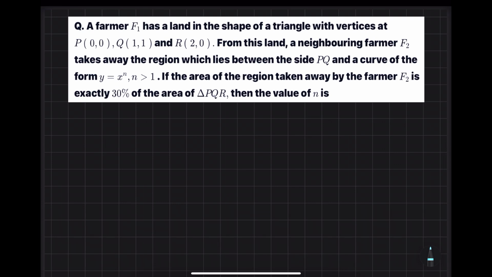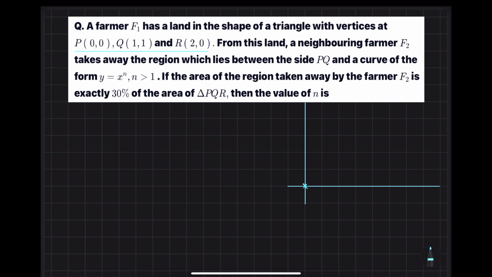So, we've got a wholesome new problem which says a farmer F1 has a land in the shape of a triangle with vertices at these points. Let's try to draw the diagram. So this is 0, 0.